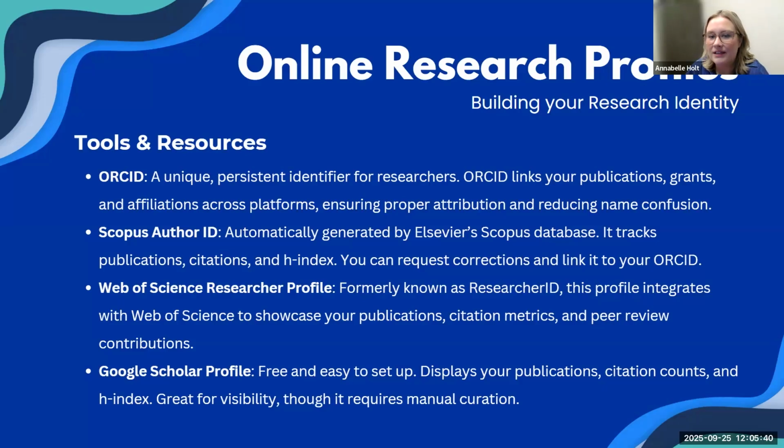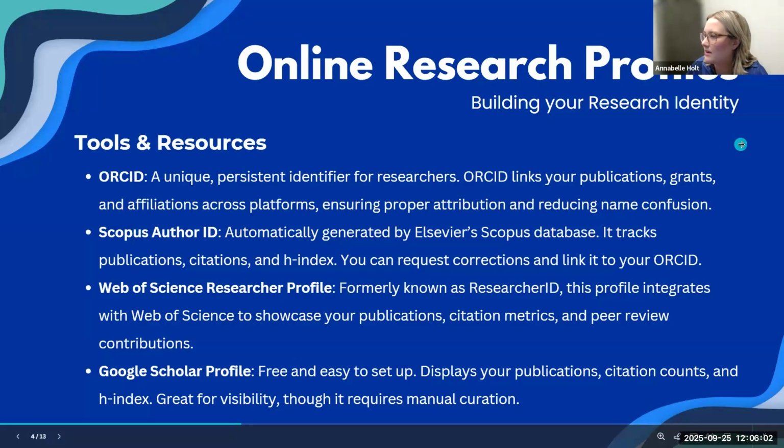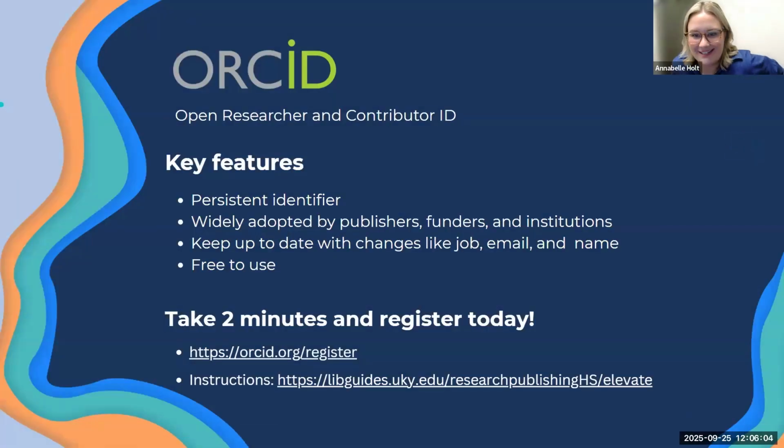These are ORCID, Scopus Author ID, Web of Science Researcher Profiles, and Google Scholar Profiles. Each of these serve slightly different purposes, but they share the common goal of improving the accuracy and the visibility of your scholarly output. So here are the list of tools that we're going to be discovering in the first half of our presentation today.